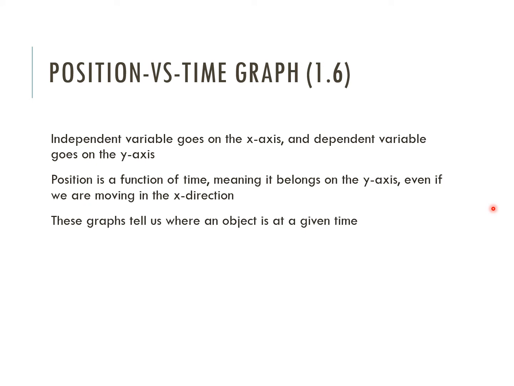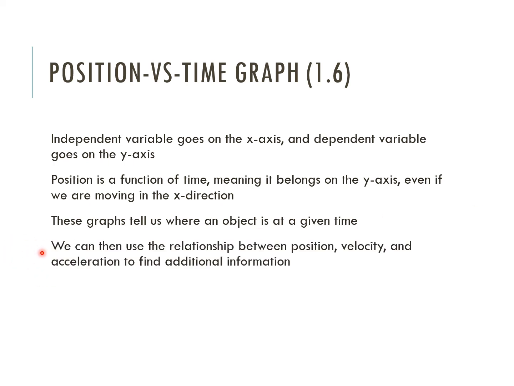Basically, the position versus time graph is another way in which we can have a motion diagram, except now we're explicitly looking at how the object moves, not in space, but how the object moves in time.